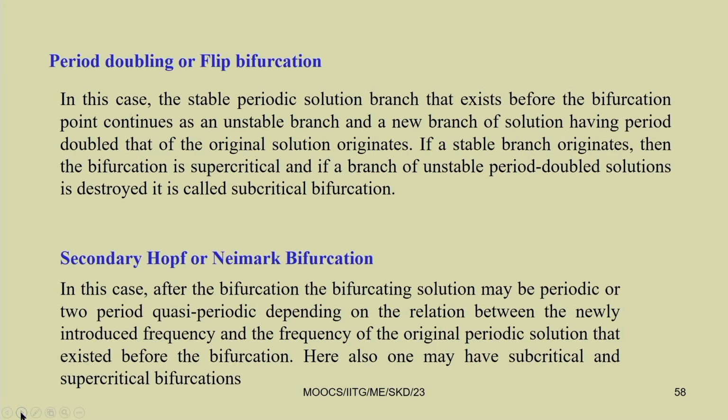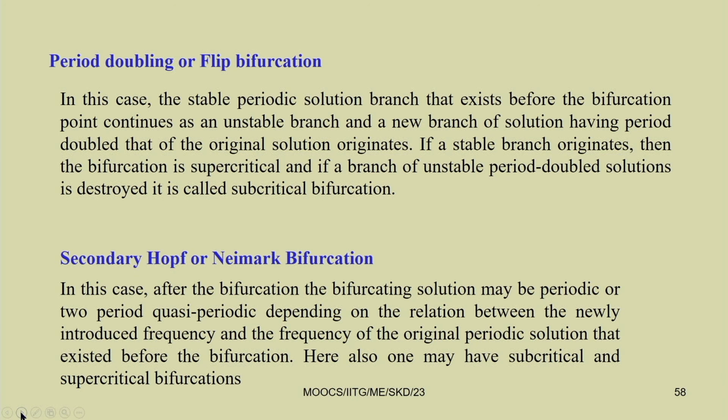Similarly, you can study the period doubling or flip bifurcation if the root is passing through the unit circle at lambda equal to -1. In that case, a stable periodic solution branch that exists before the bifurcation point continues as an unstable branch, and a new branch of solution with double the period of the original originates.